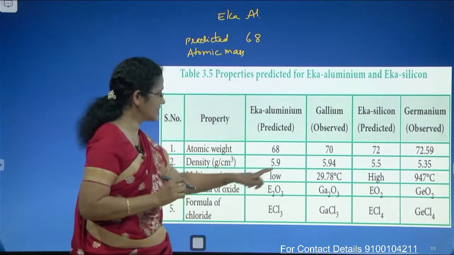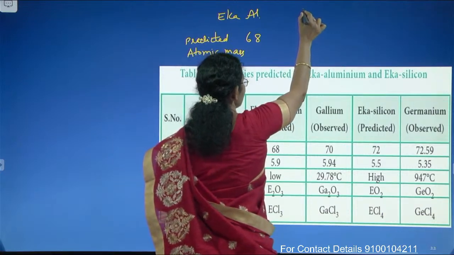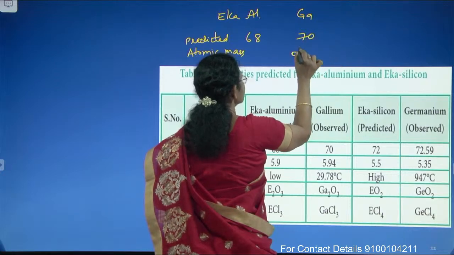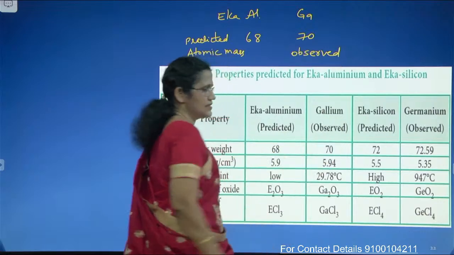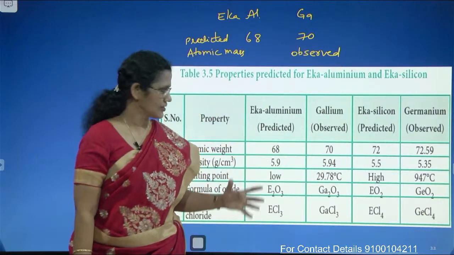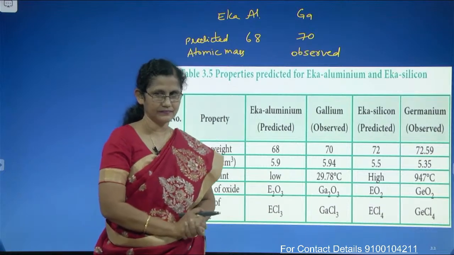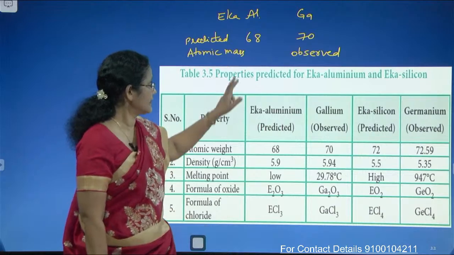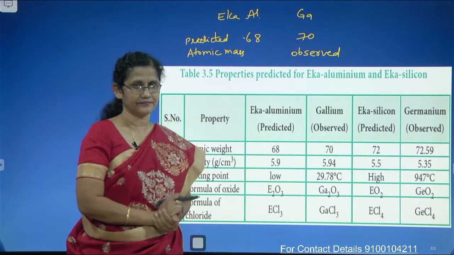What is the observed value? 70. Means for gallium, observed value 70. See, no need to learn by heart all densities, all values. Atomic mass of Eka aluminium and gallium.